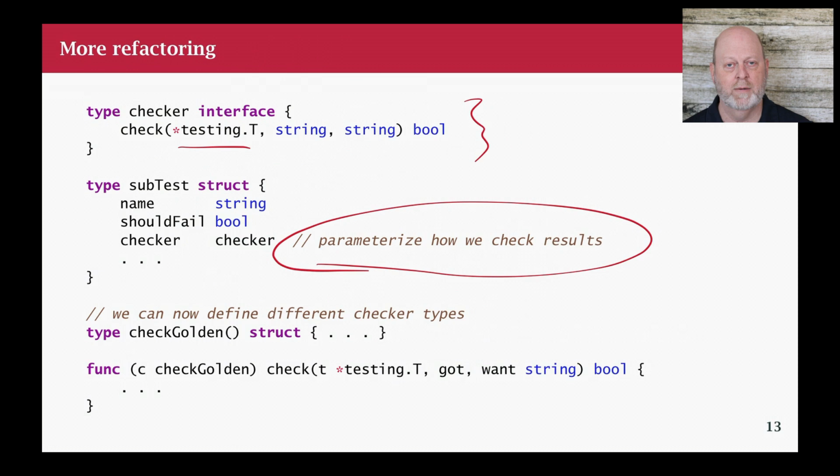And the testing.T. And I can create different concrete checkers. Here's an example of, you know, I want a concrete checker that just checks a golden data, right? So it takes these 2 things and looks at the golden data related to this unit test and says, hey, did what I get match the golden data I'm supposed to get, right?